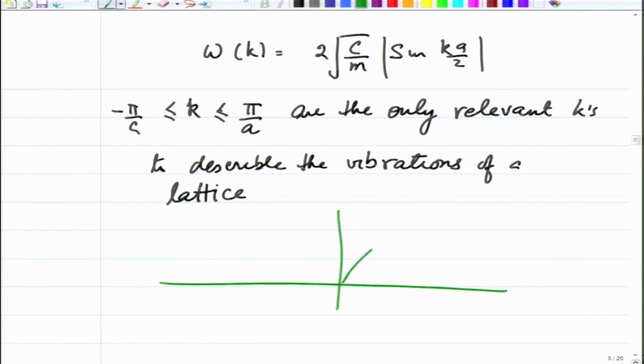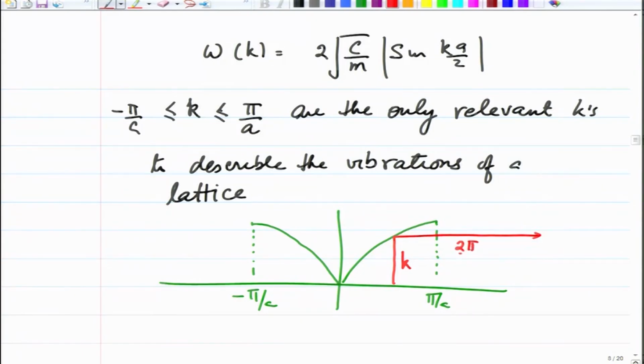This was my picture for omega versus k, from minus pi over a to pi over a. Suppose I take a particular k point here and move it by 2 pi over a.